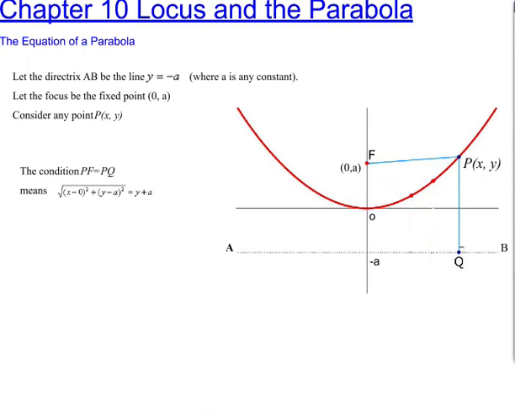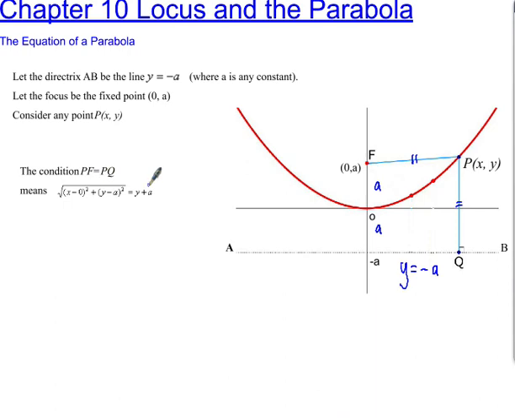We'll let our focus have the coordinates (0, a), and the directrix will have the equation y equals negative a, because that distance from there to there is a, and that distance from there to there is a. So if P is moving so that the distance to the focus and the directrix is always the same, then we can use the distance formula, saying PF equals PQ. Is everyone with me so far?